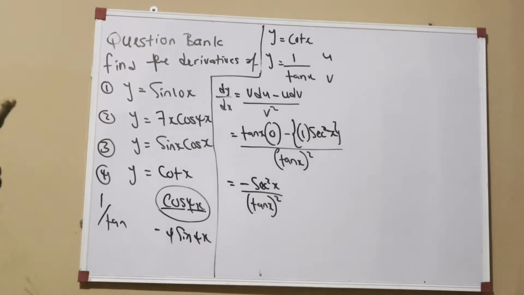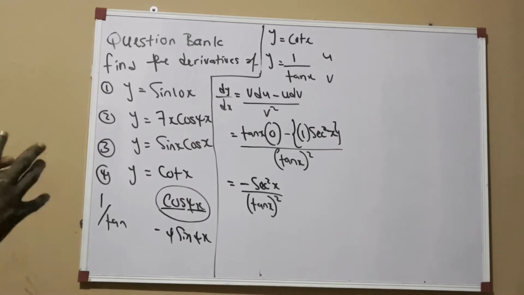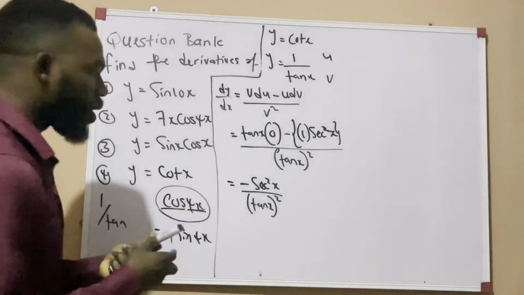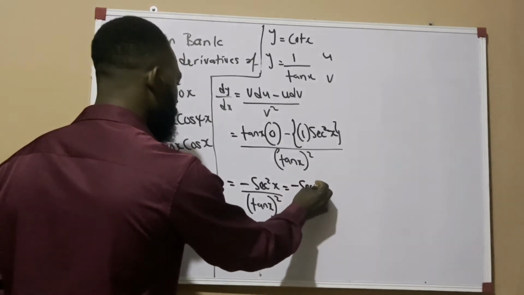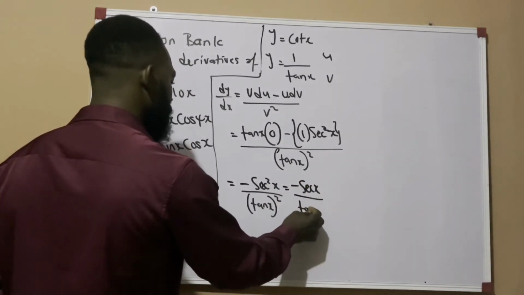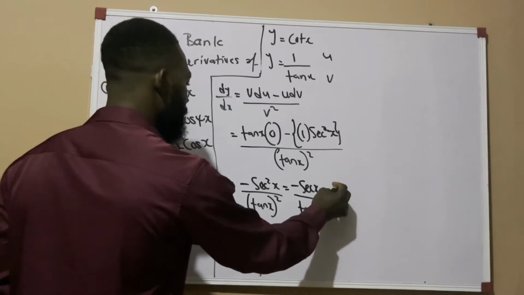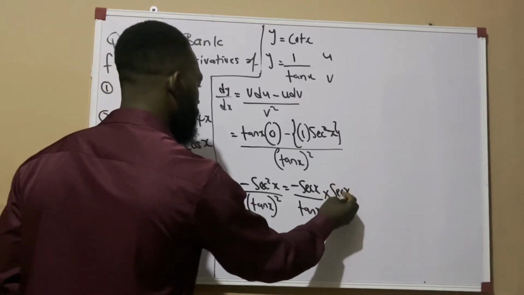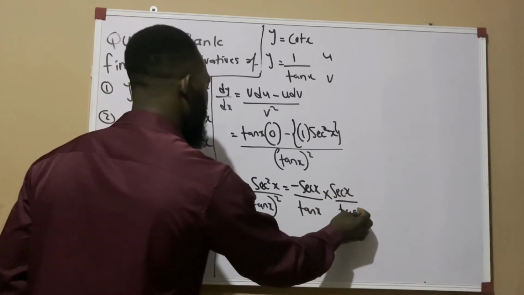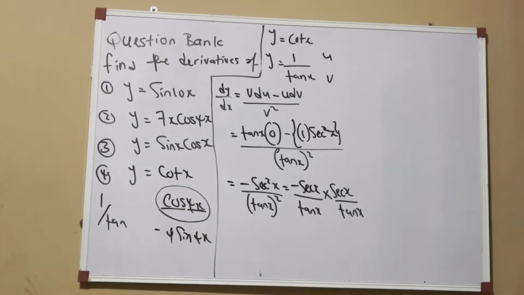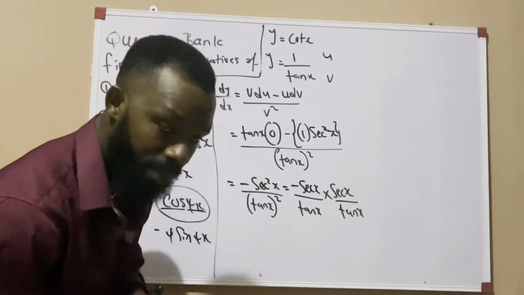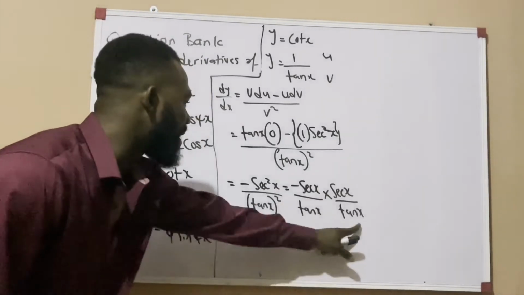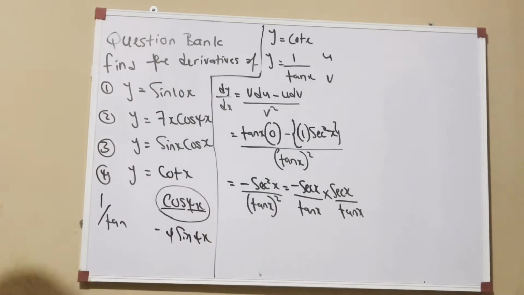If I expand this, we are going to get something like this: minus sec x over tan x times sec x over tan x. Yes, that is what we're going to get, because this square shows that sec x is two times, and this square also shows that tan x is two times. So we have expanded it.